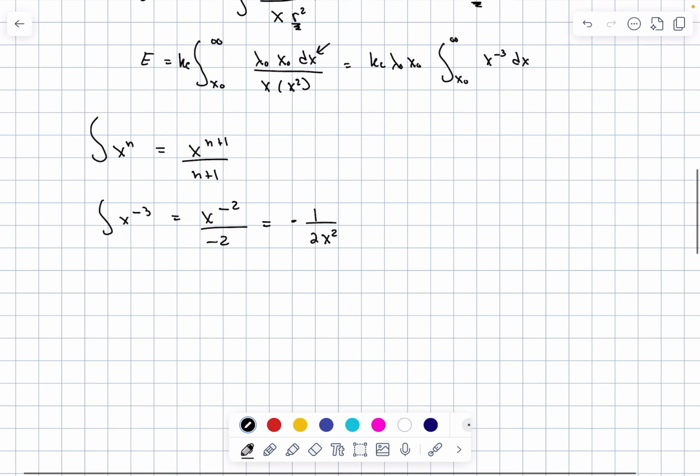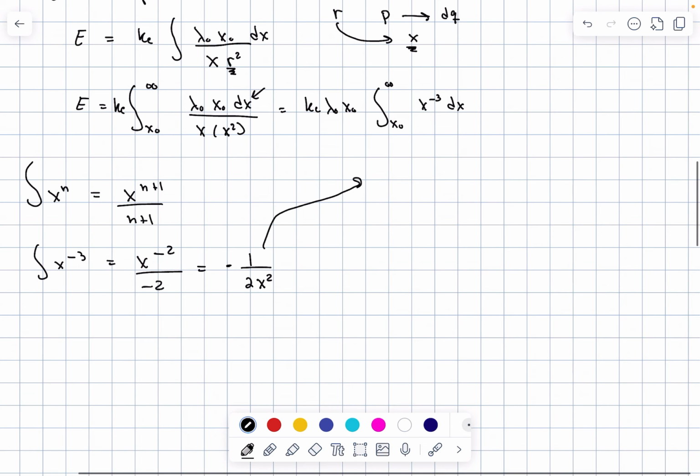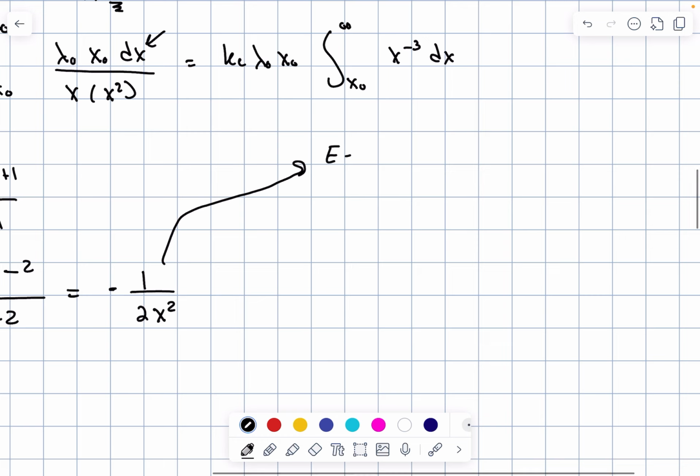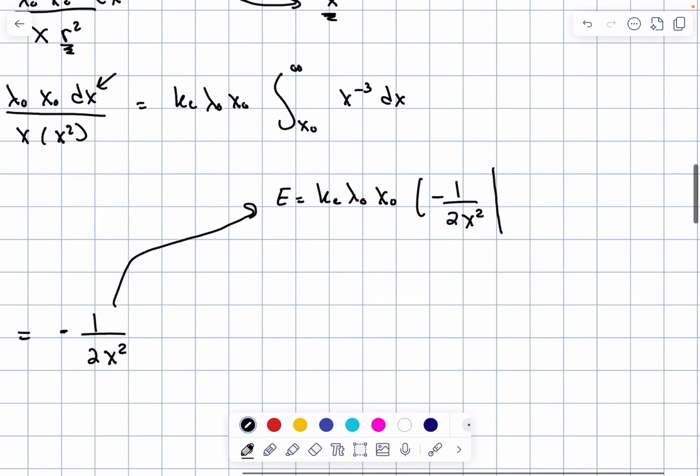We can put that back in here, and we see that E is equal to ke lambda naught x naught times negative 1 over 2x squared. And remember, we do have to evaluate it because we have bounds, so x goes from x naught to infinity.